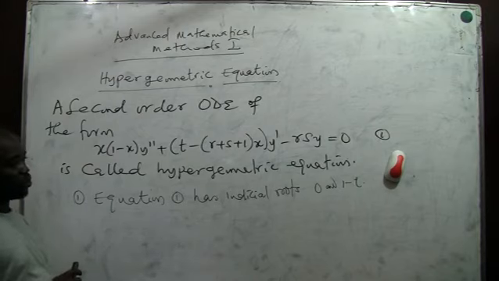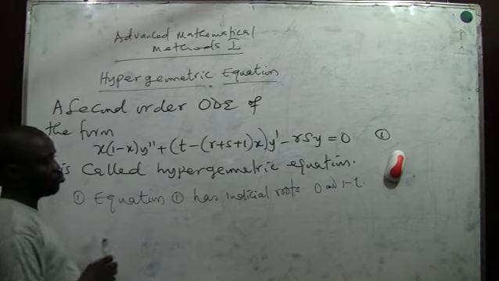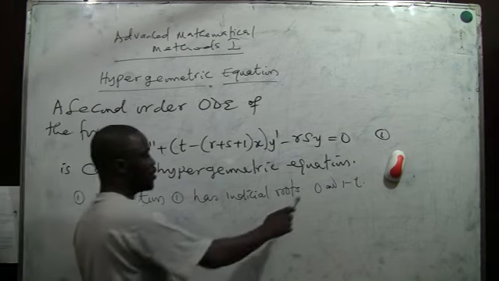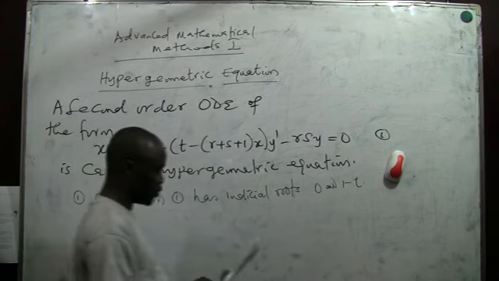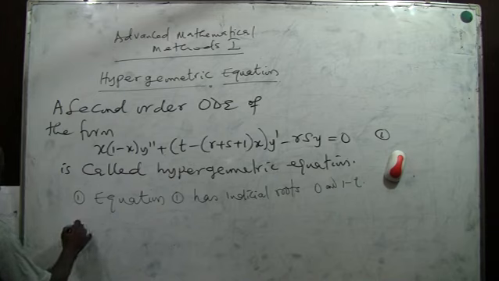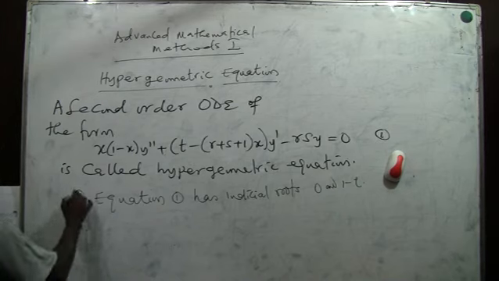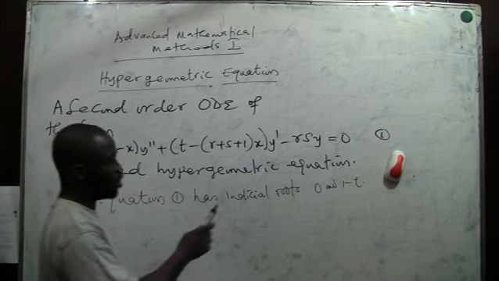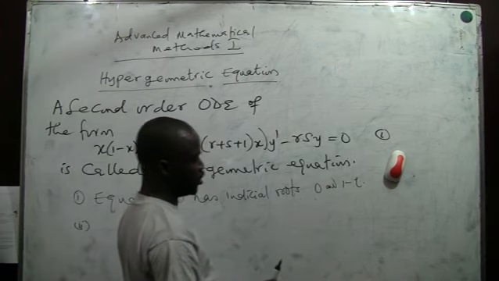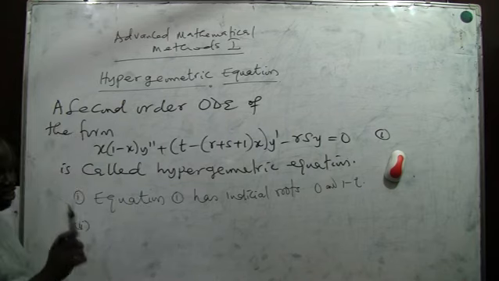If we use the method of Frobenius, we are going to obtain two roots that are called initial root, and those two roots are 0 and 1 minus t. After substituting for each value of the initial root, we are going to generate two solutions that are linearly independent.